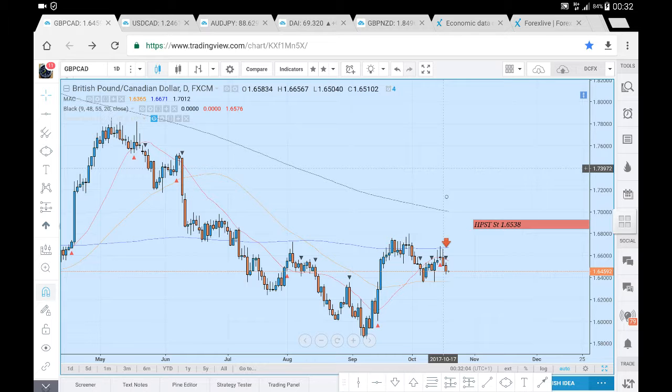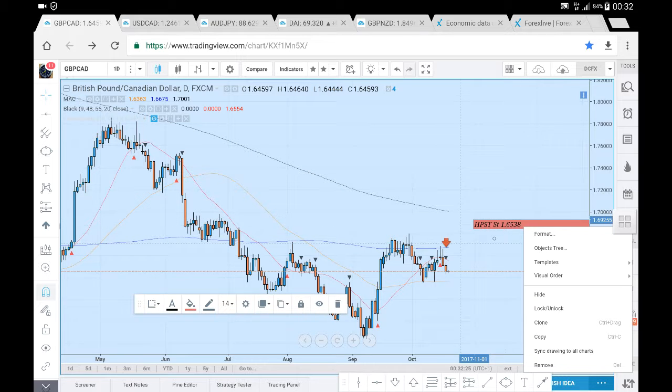Okay. Yep. Hypothetical stop would be at 165.38, and potential targets on this to the downside. Well, if we look at this chart here, we did find support here at the 50 period moving average. Currently, the 50 period moving average is sitting at 163.64.